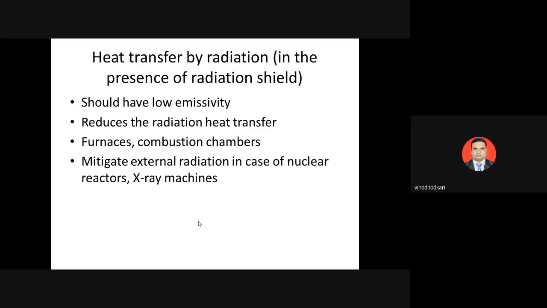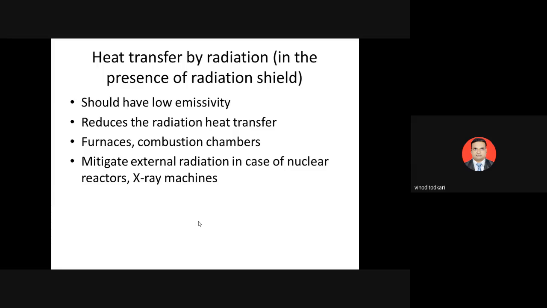Now see, can I use a black surface as a radiation shield? Obviously no, because if I use a black surface as a radiation shield, it will absorb all, right? It will not have any surface resistance. Okay, I think that you are understanding this. It will reduce the radiation heat transfer in furnaces, combustion chambers. We use this exclusively in X-rays, right?